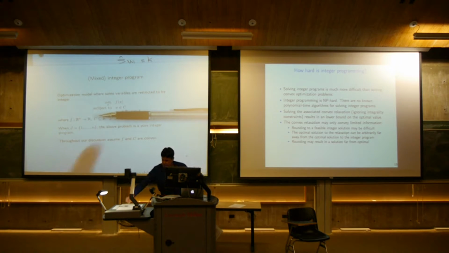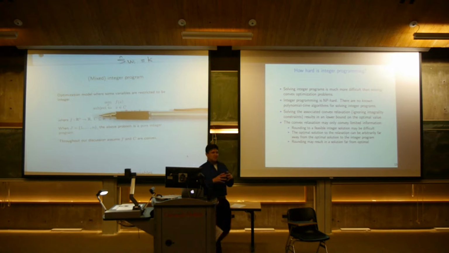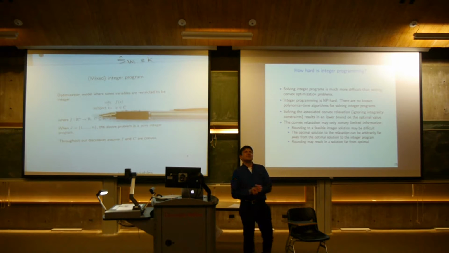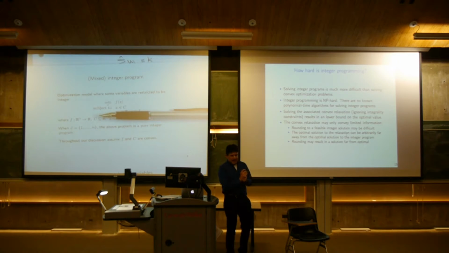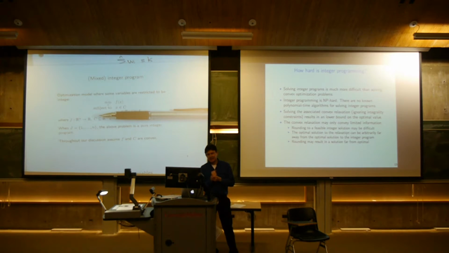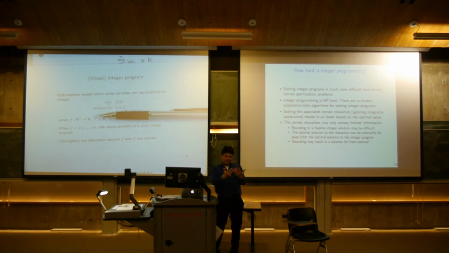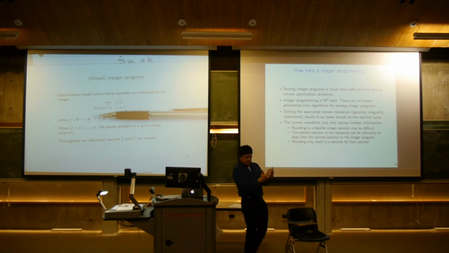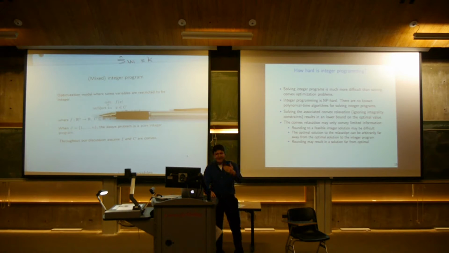If we relax those constraints, essentially we are letting the feasible set get bigger, so we'll get lower bounds on our problem. Typically we get a lower bound, and the lower bound provides some information about the problem, but we still may be a long way from solving it.